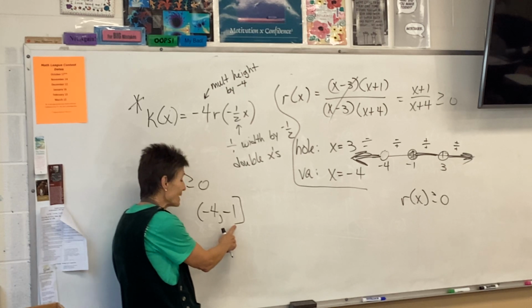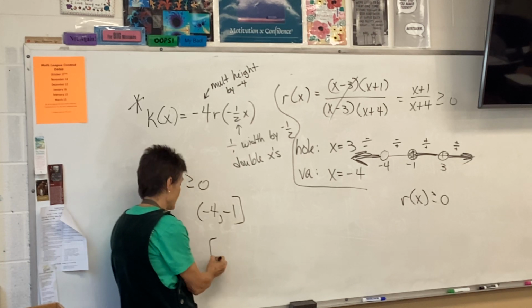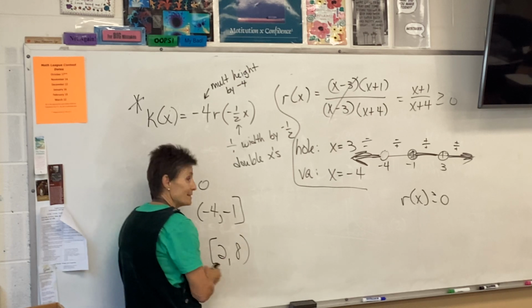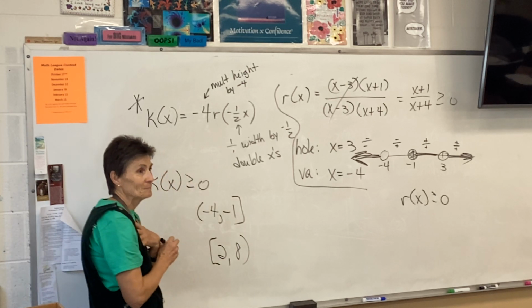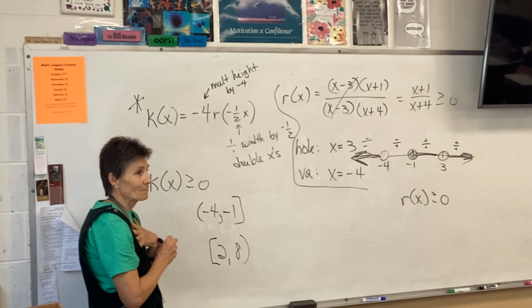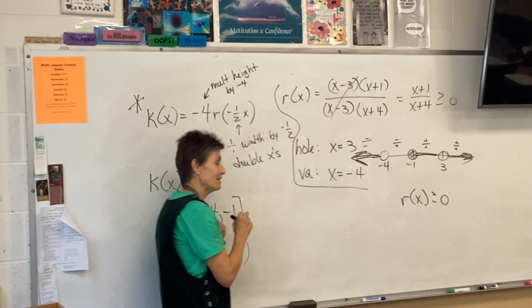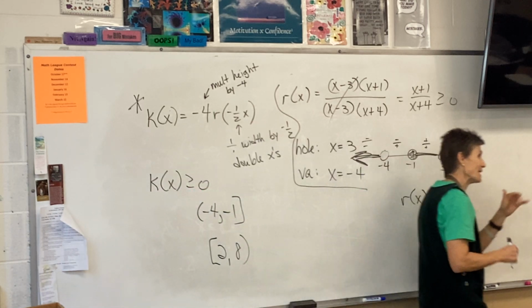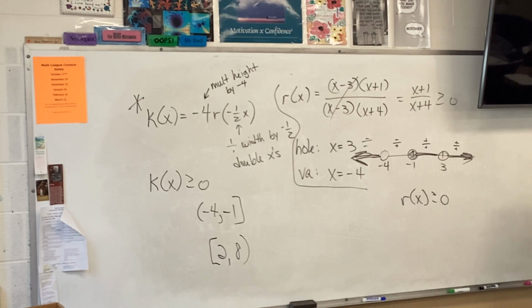So when I write my answer, I have to write 2 to 8. Because not only did it get flipped upside down, but it also got flipped sideways. Right? And when you write an interval, it must be written in order.